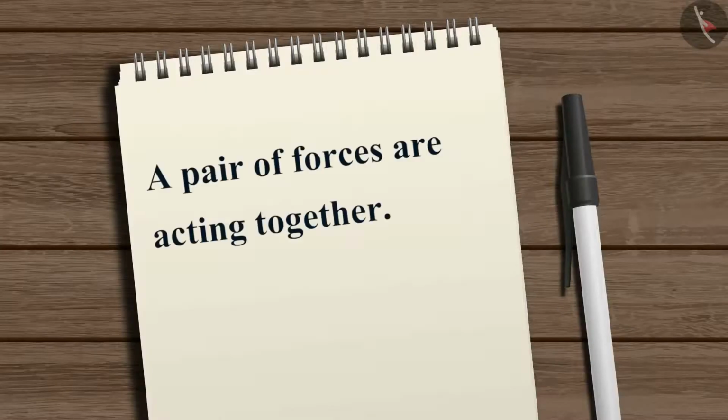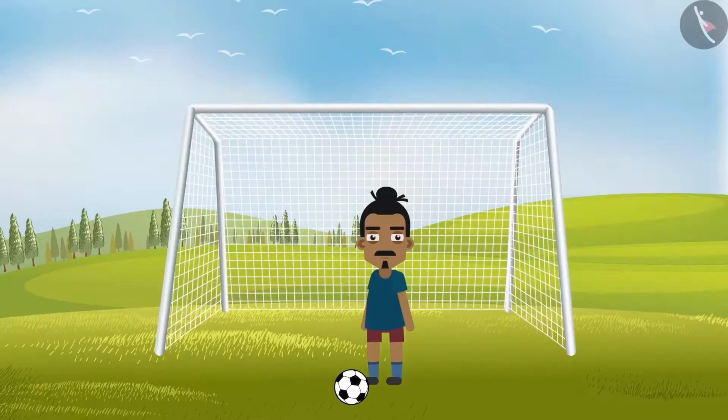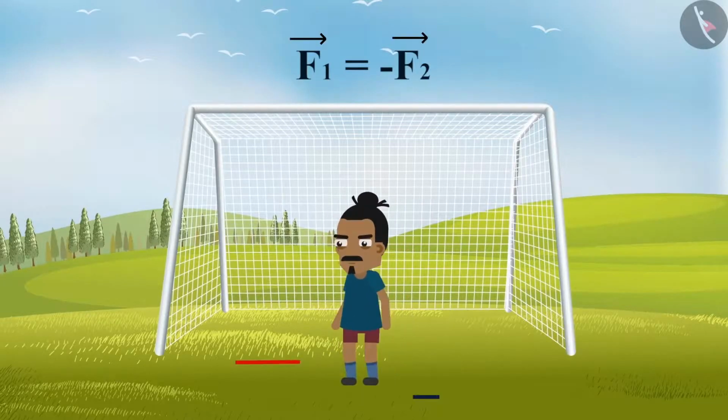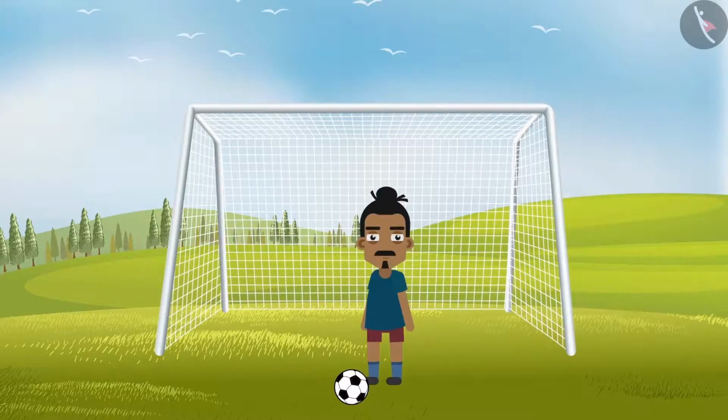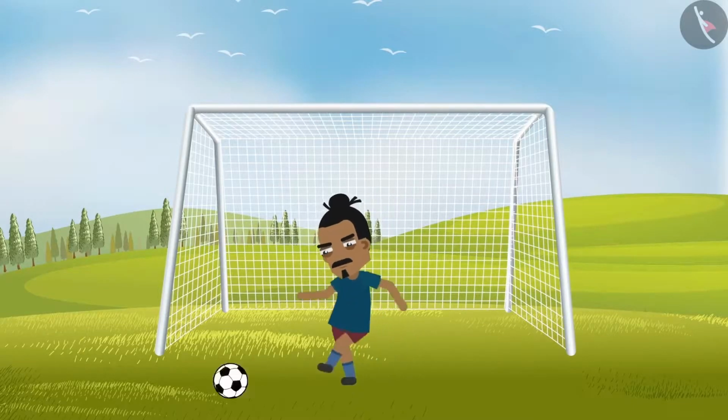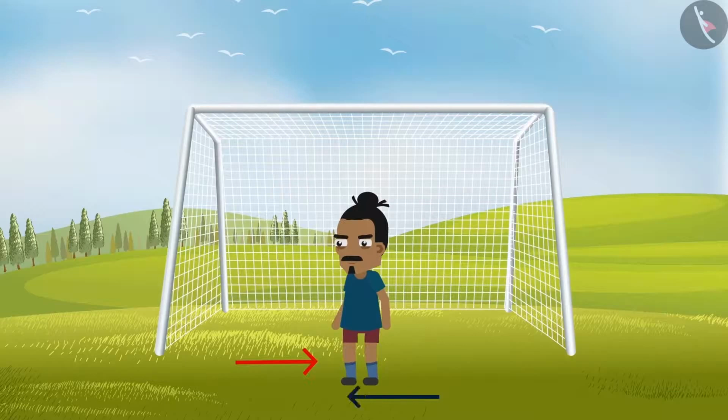In other words, in any given situation, a pair of forces are acting together instead of just a single force. These two forces are equal in magnitude, and they act in opposite directions and also on different bodies. These two opposing forces are commonly known as action and reaction forces.